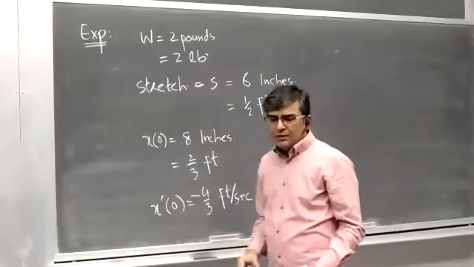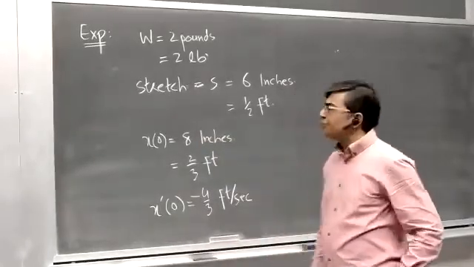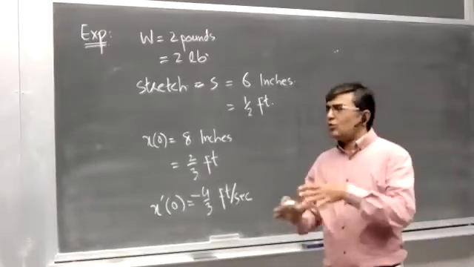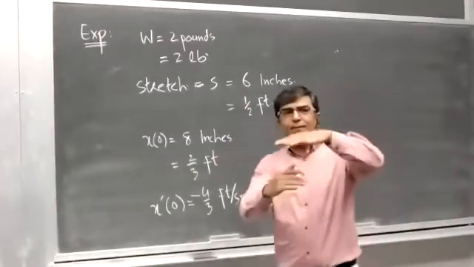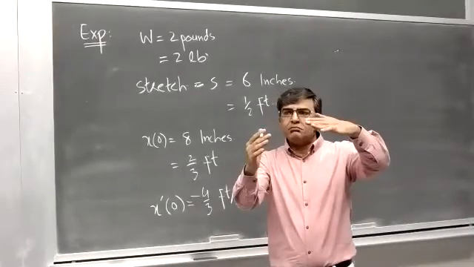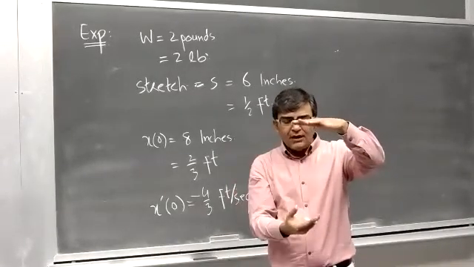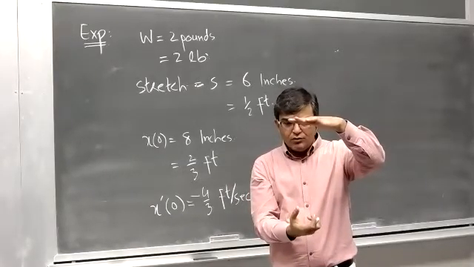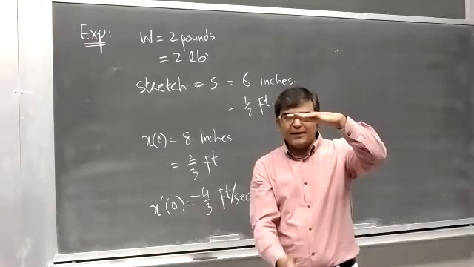So we have to find the equation of motion, and the given data is this. We have a spring attached to a support, and with that spring we attach a mass of 2 pounds, and that stretches the spring downward.